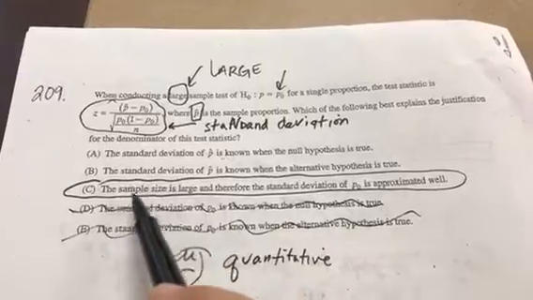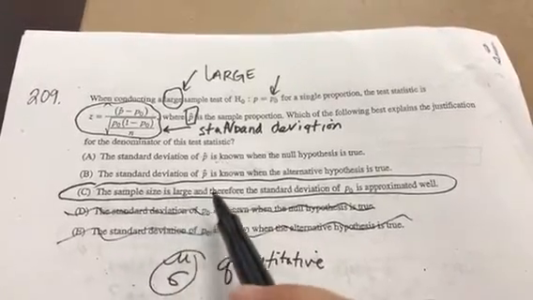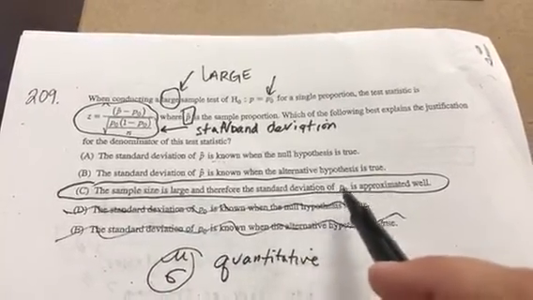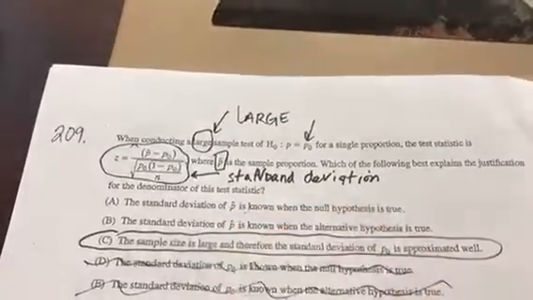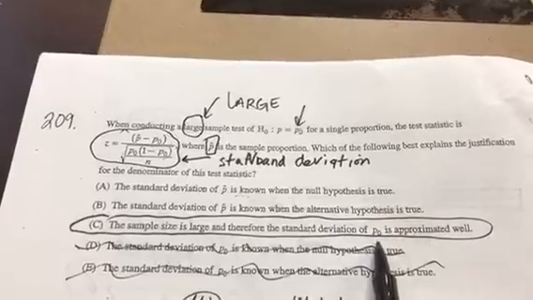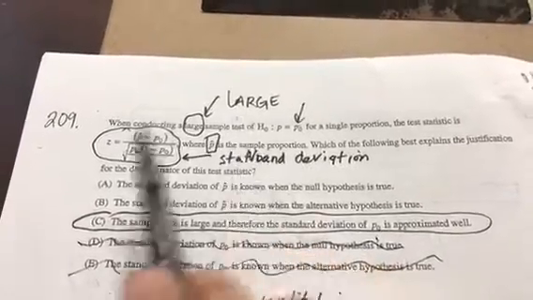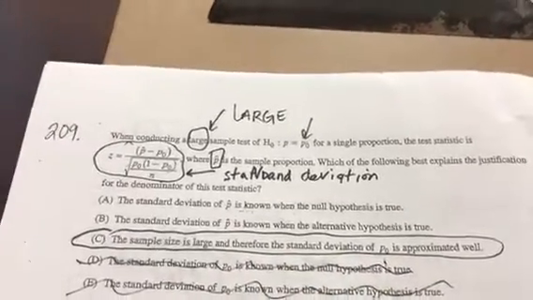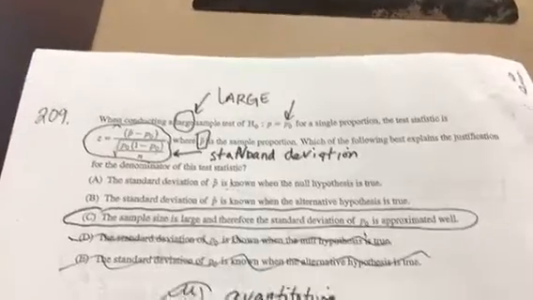So I believe the answer is C. The sample size is large, therefore the standard deviation of P is approximated well. This is us approximating the standard deviation, and the larger the sample, the stronger that proportion is approximated.